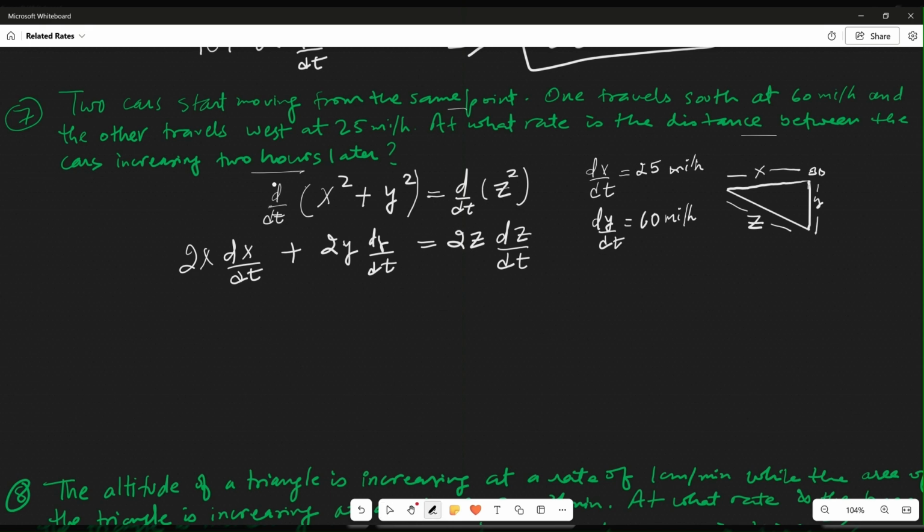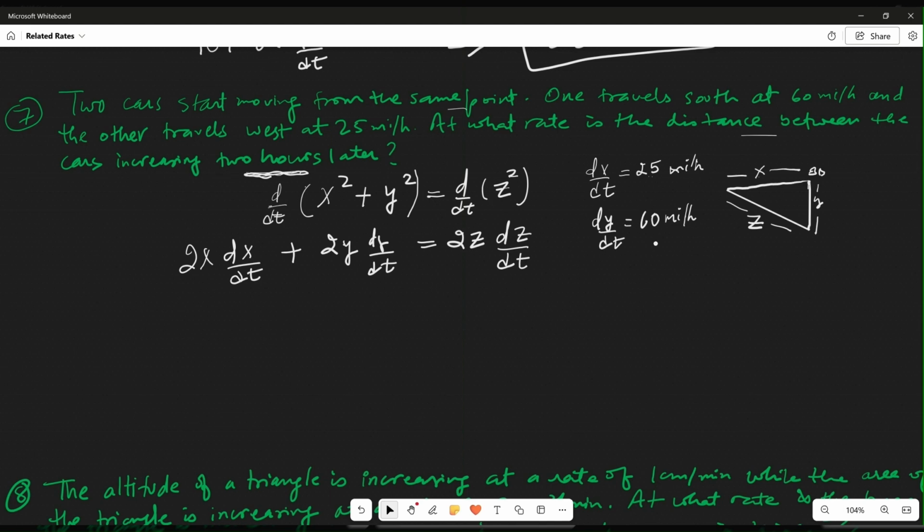The distance between the cars is increasing 2 hours later. So we are trying to find the rate of change of the distance between the cars after 2 hours, right? That means we have to multiply by 2 to see how far the cars have already gone.